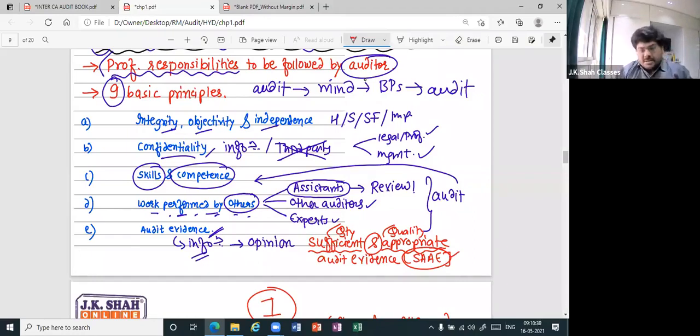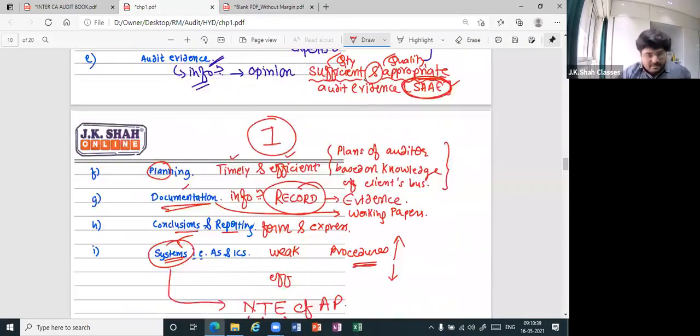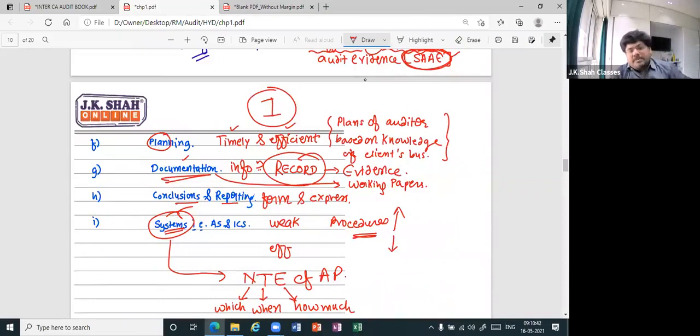Audit evidence: sufficient and appropriate. What is sufficient? Quantity, enough. Appropriate: relevant and reliable, quality. So remember the phrase SAE. Next is planning. Why? To complete the audit in a timely and efficient manner. All the plans of the auditor should be based on knowledge of the client's business. Next, documentation.